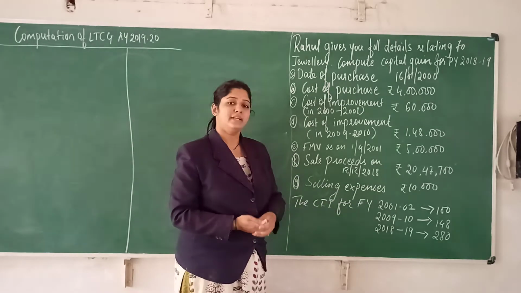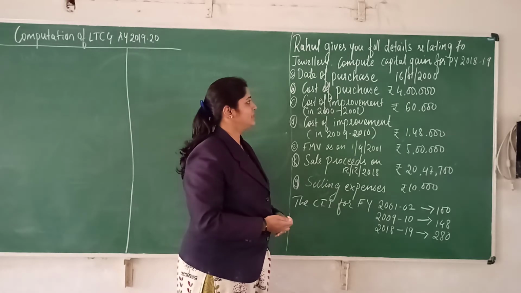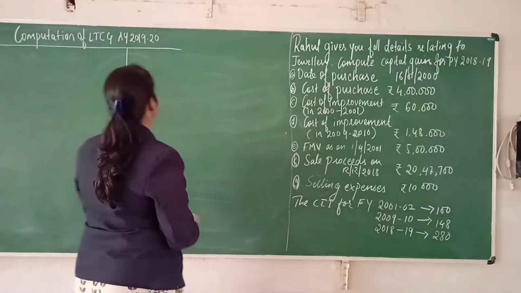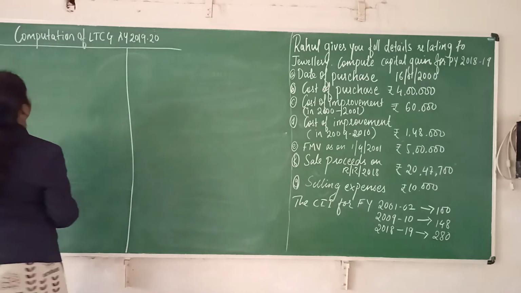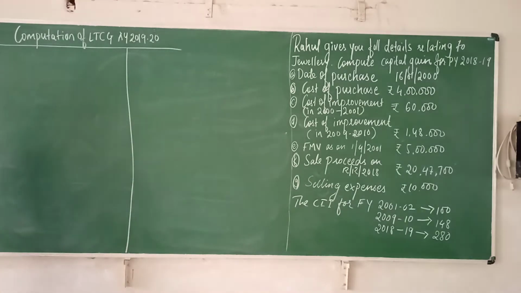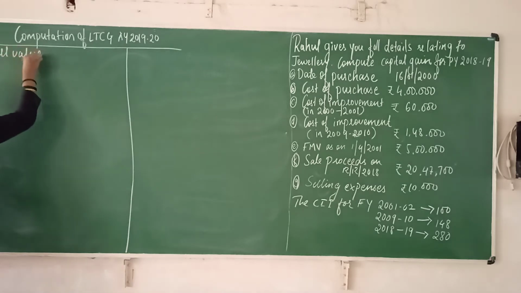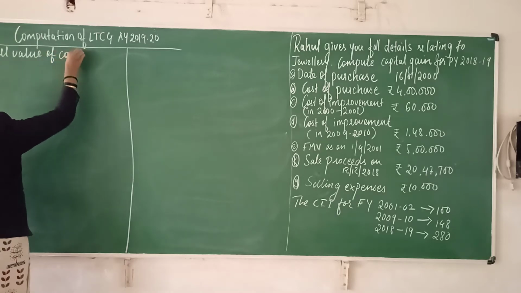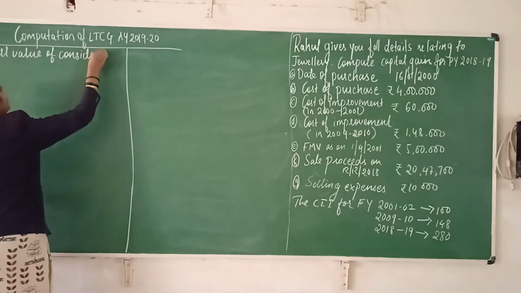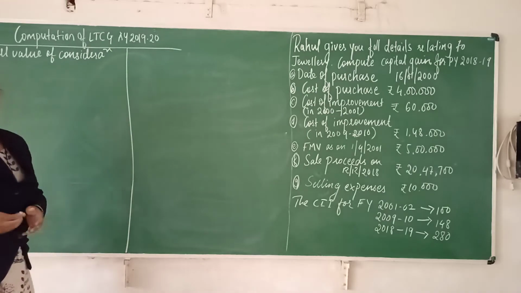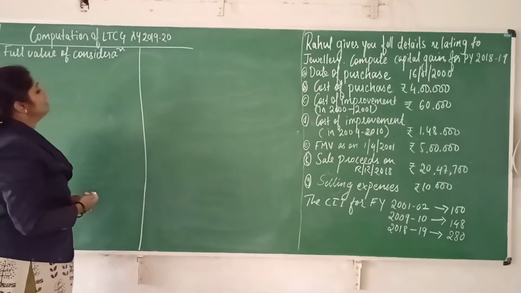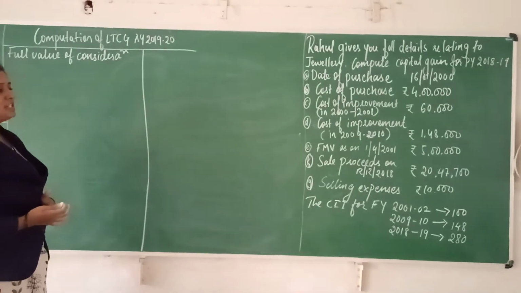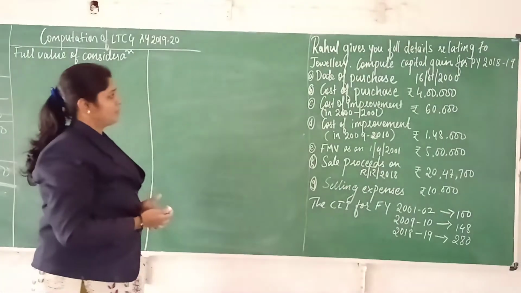Now let us start solving this sum on long-term capital gain. How is long-term capital gain calculated? First value that we take is full value of consideration. Full value of consideration is nothing but the amount at which the capital asset is sold.